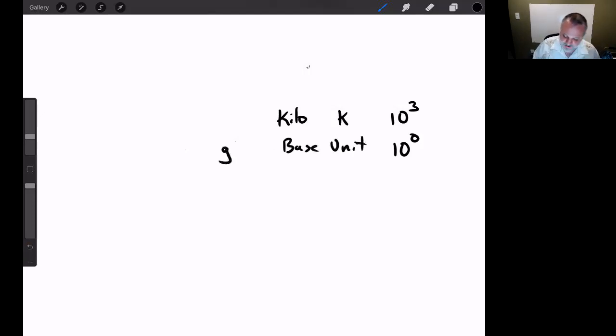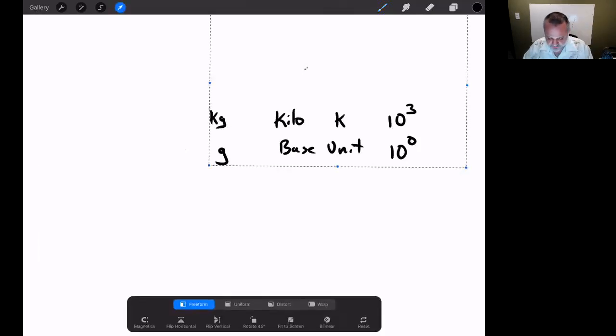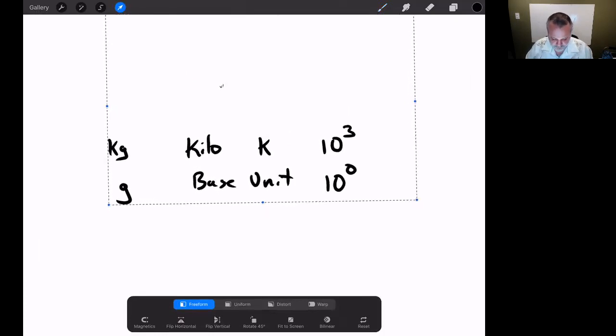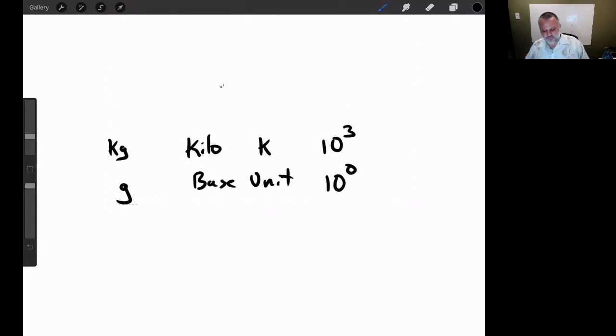We're talking about the base unit being grams, so I just want to put the example right there in that location. Okay. So here's the symbol. This one is the base unit. This is the name, kilo.